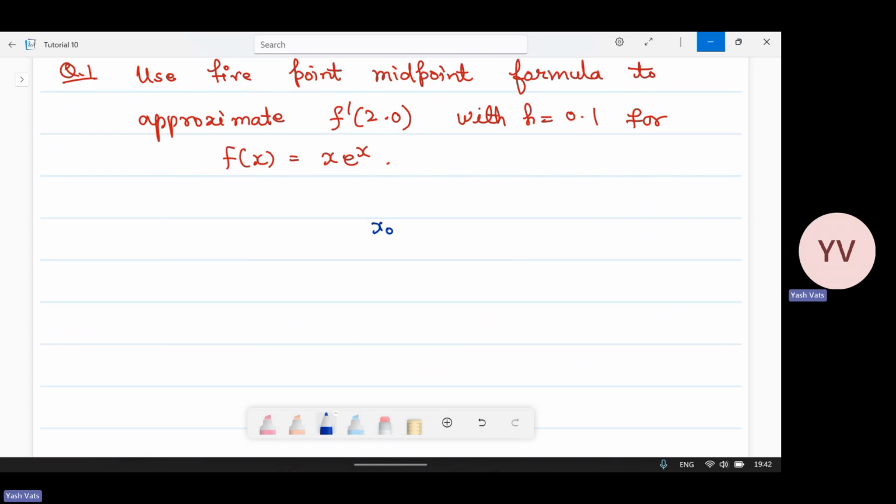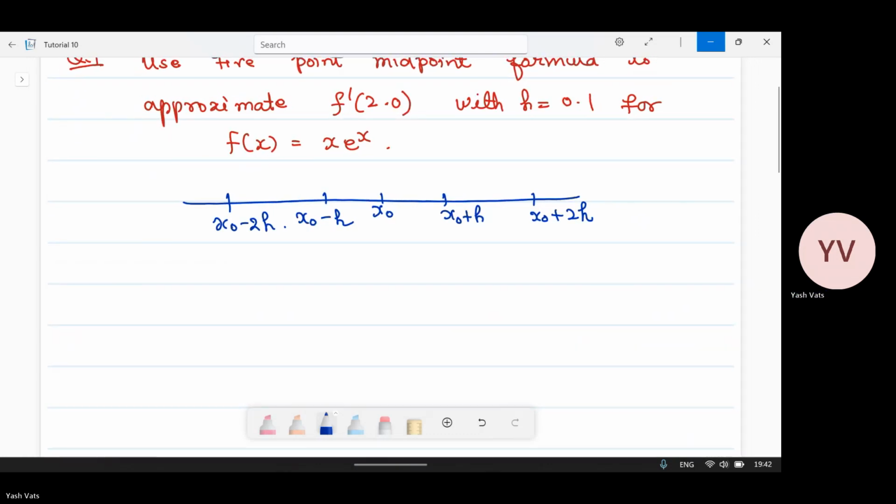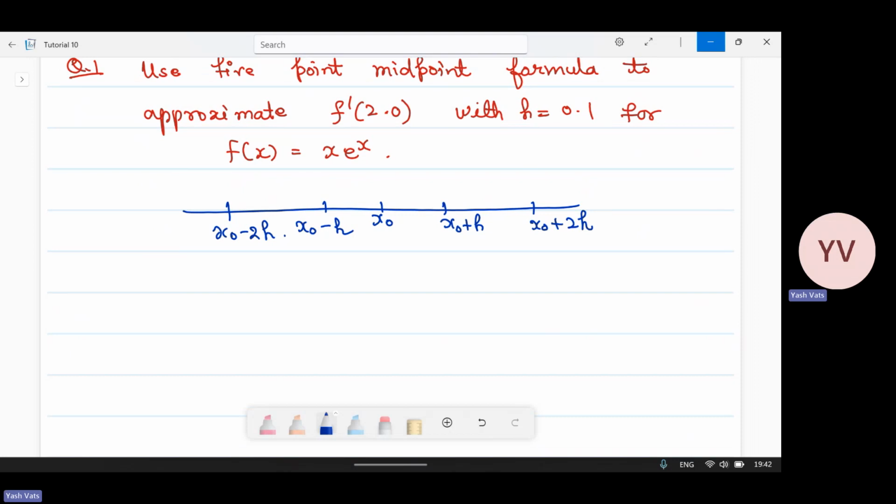Say if you start from x naught, then you should have values at x naught plus h, x naught plus 2h, keeping x naught in the center, x naught minus h, x naught minus 2h, right? These are 5 points, so total points are 5.